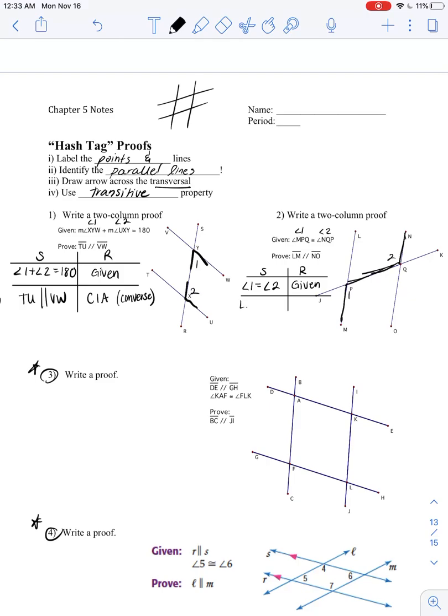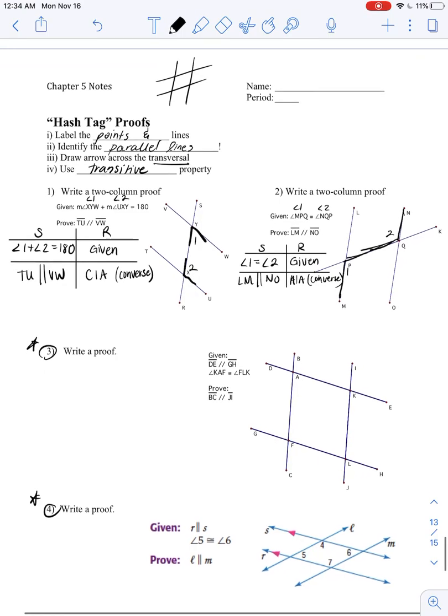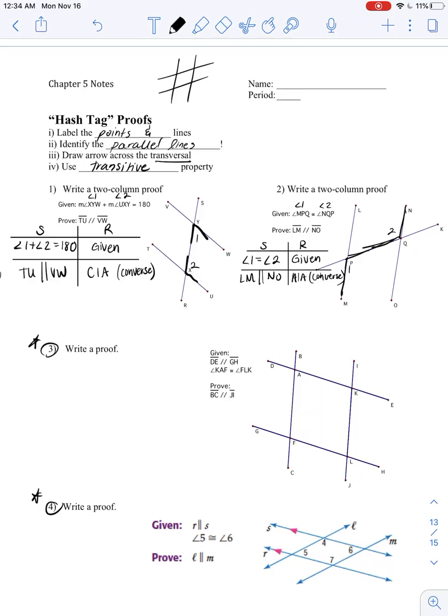This is given. Because we know those two angles are equal, therefore we can say that lines LM and NO are parallel, and that's because alternate interior angles are equal, so that's the converse of alternate interior angles.